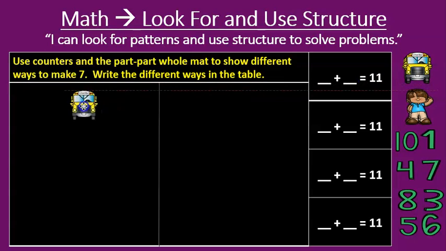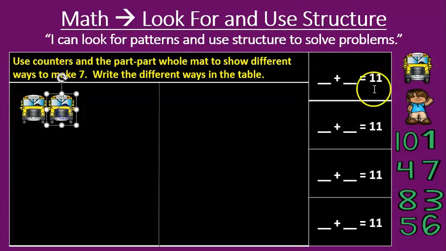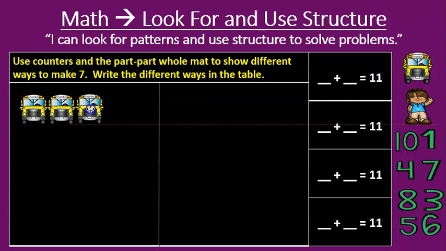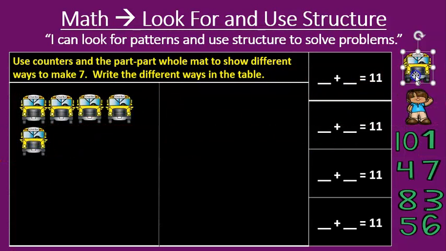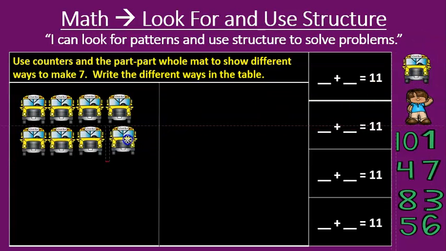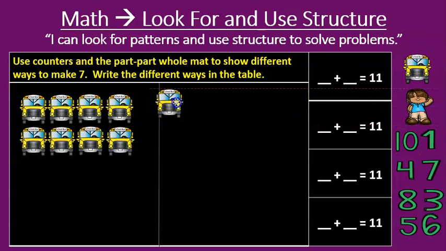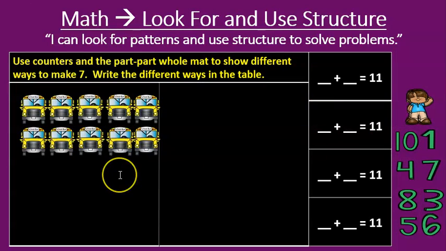Let's say I'm going to put 1, 2, 3, 4, 5, 6, 7, 8, 9, 10, okay? Let's say I put 10 buses there, okay?